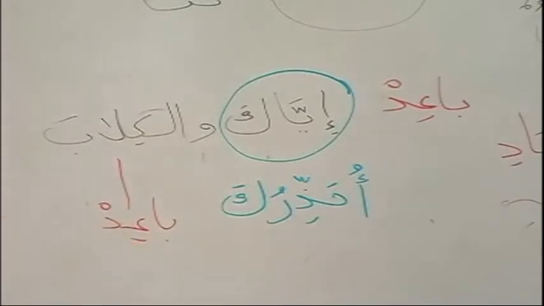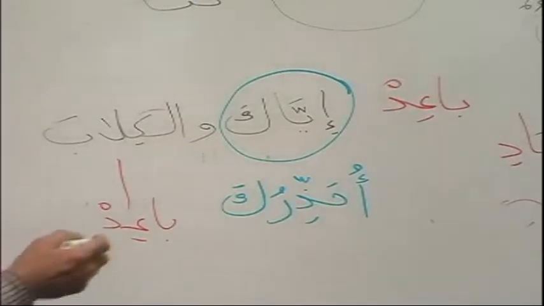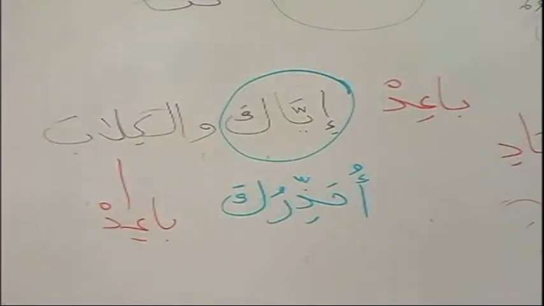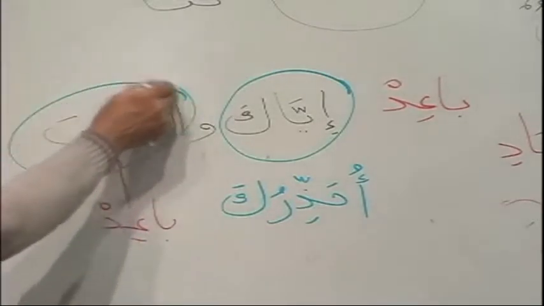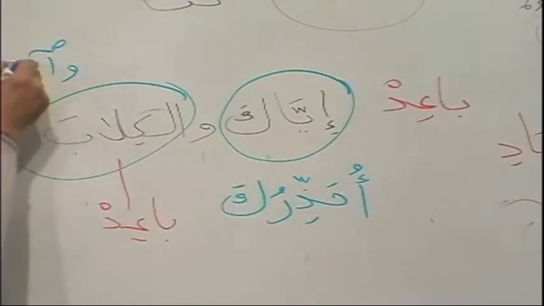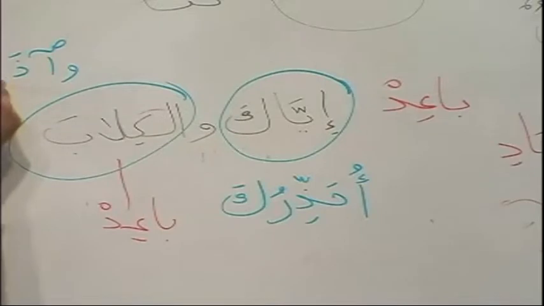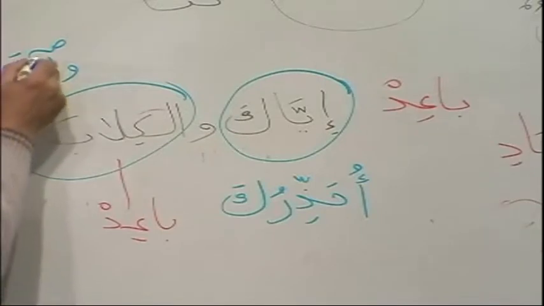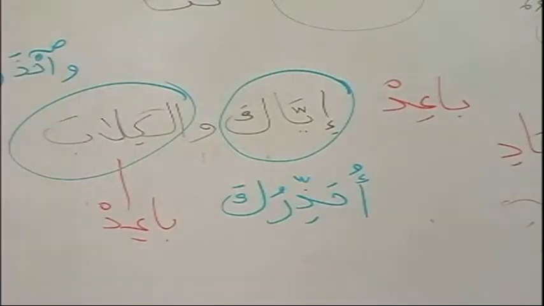Okay? But this can only be understood by who is strong in verbs, and can understand the fi'l, fa'il, maf'ulun bihi very well. And then here it will be, brother, what is it, brothers and sisters?